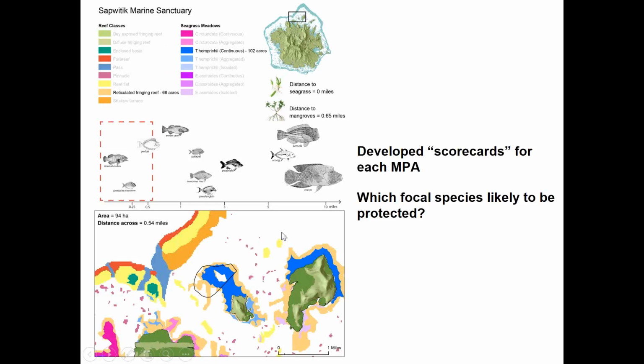What you can see on the scorecard down here is a map that shows each of the habitat types, with the legend up the top. And this black line shows where the existing MPA is. You can see that it includes a type of seagrass meadow and also some reticulated fringing reef, so sheltered habitats. It's not very big, it's only half a mile across, and so it's only going to protect a couple of species.